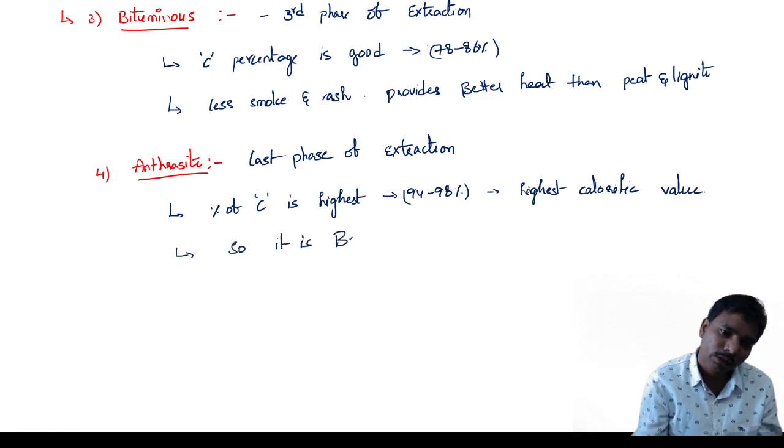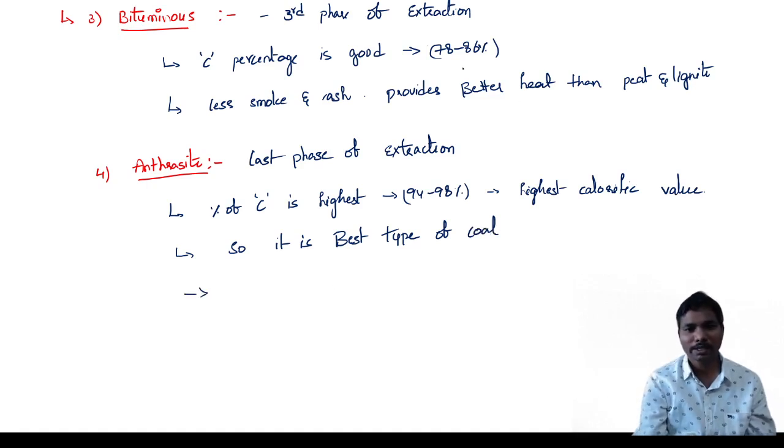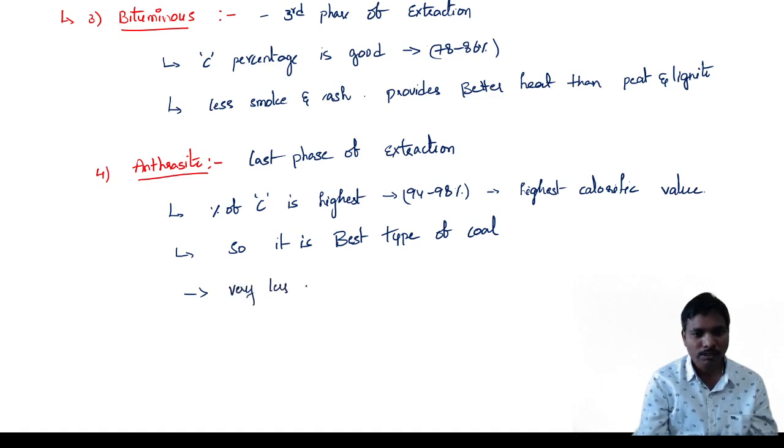Okay, and it is highest percentage of carbon. So moisture percentage is less. So it gives very less smoke or no smoke, and ash content or no smoke content.